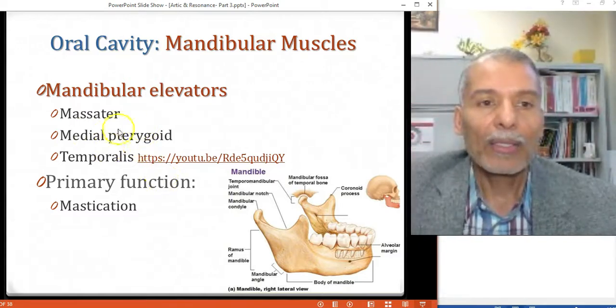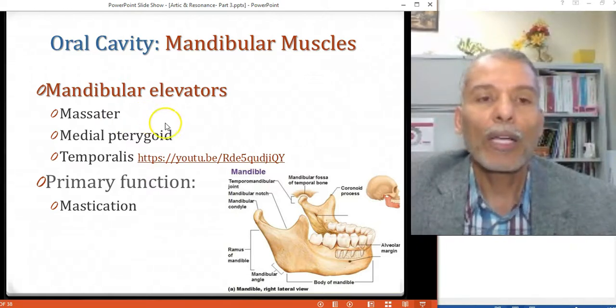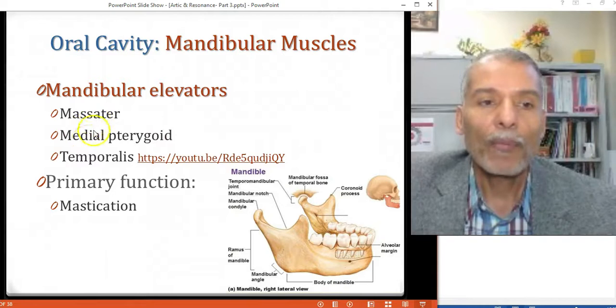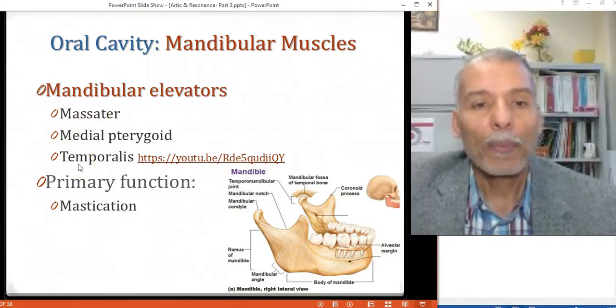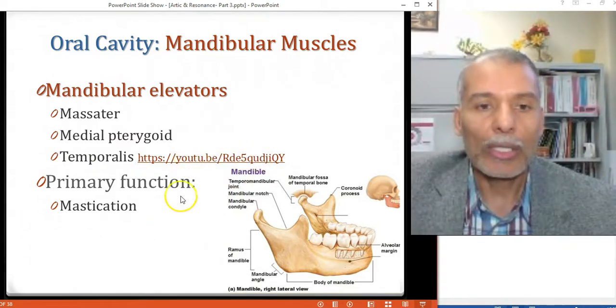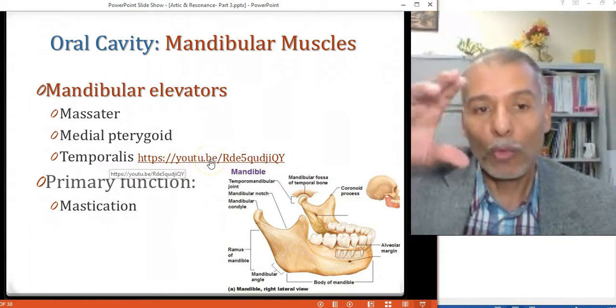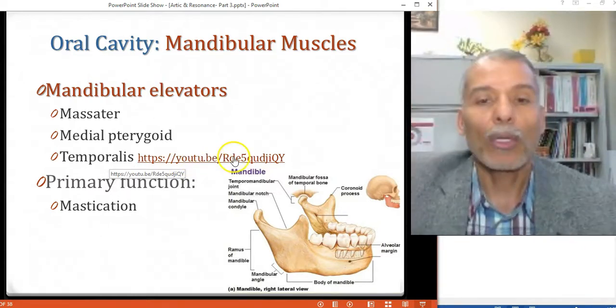The mandibular elevators include the masseter, the medial pterygoid, and the temporalis. We showed this in class. You just go to the video. It demonstrates the movement of the temporalis muscle.